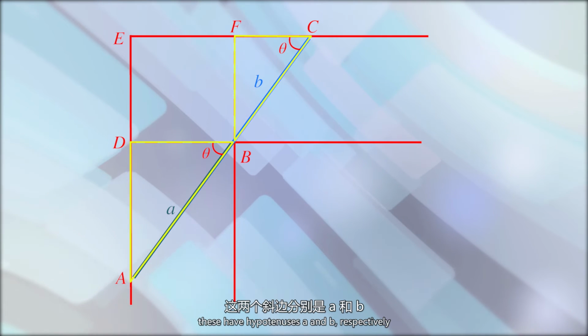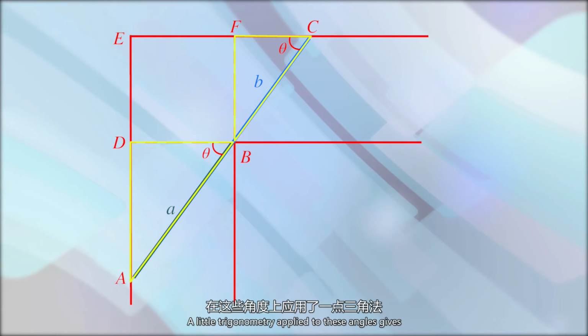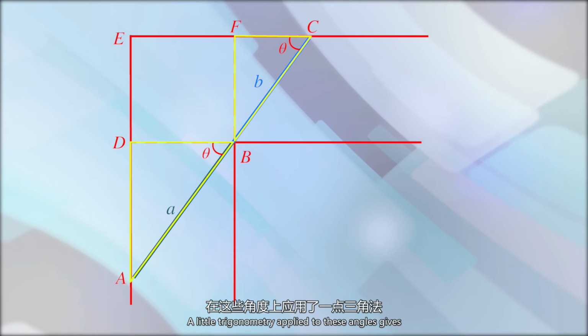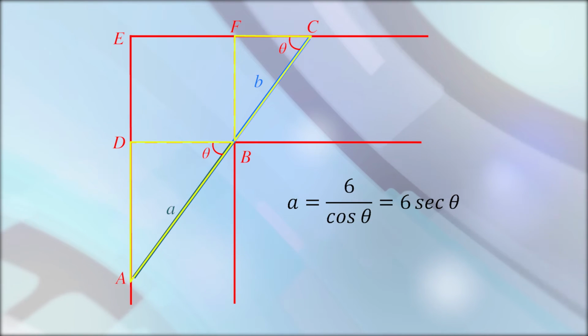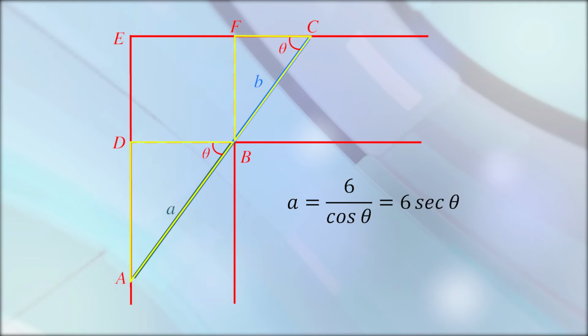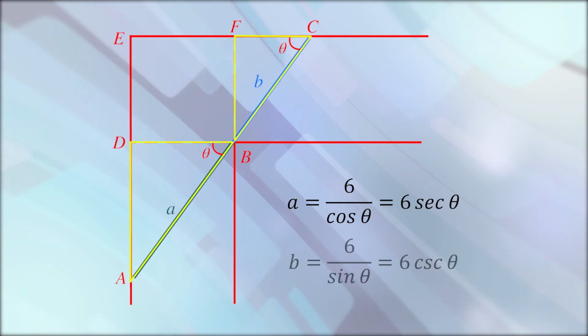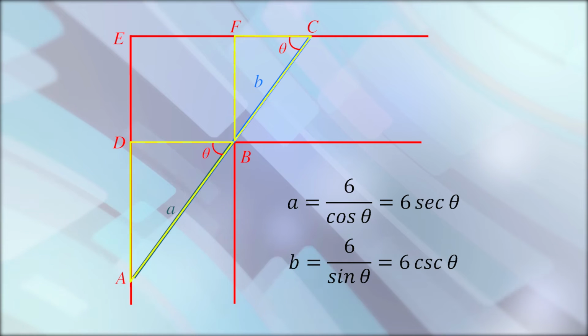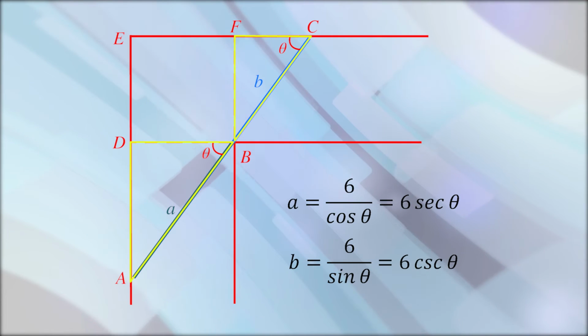These have hypotenuses A and B respectively. A little trigonometry applied to these angles gives that A is 6 over cosine theta, which is 6 times secant theta. Similarly, B is 6 over sine theta, which is equal to 6 times cosecant theta.